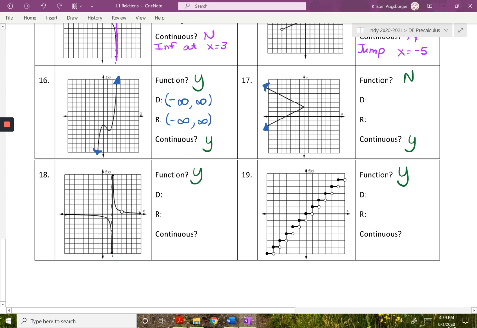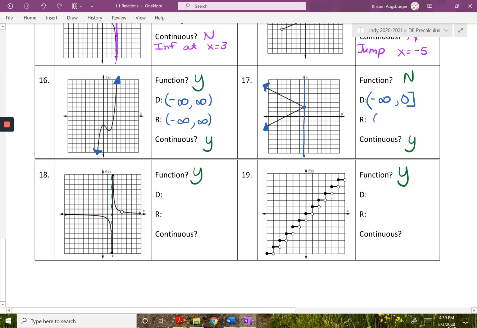Here it goes from negative infinity, which we do not include, even though you do not see an open circle. It's not actually going to that value. We're going to assume that is it.